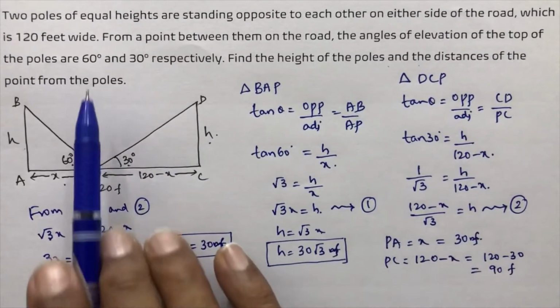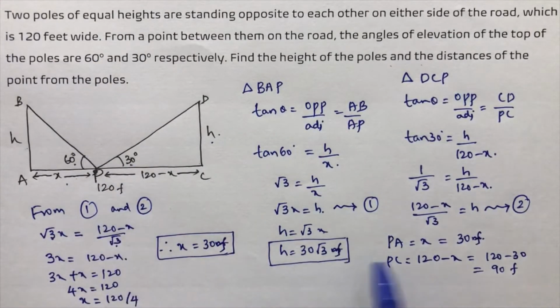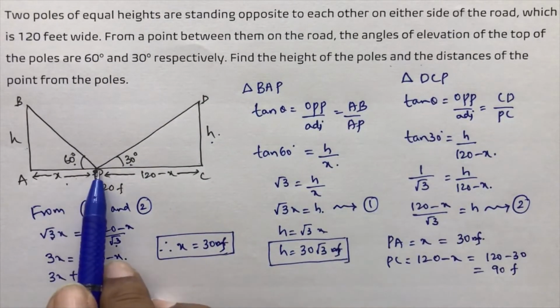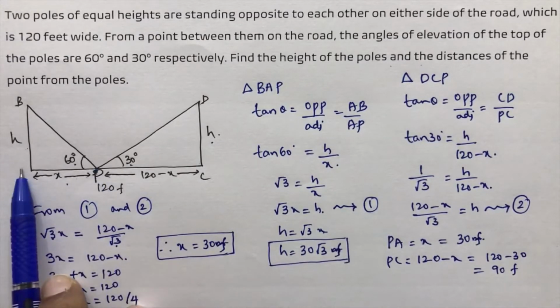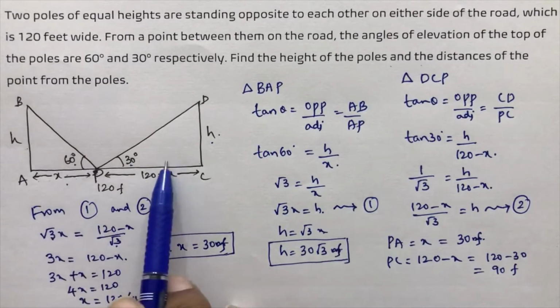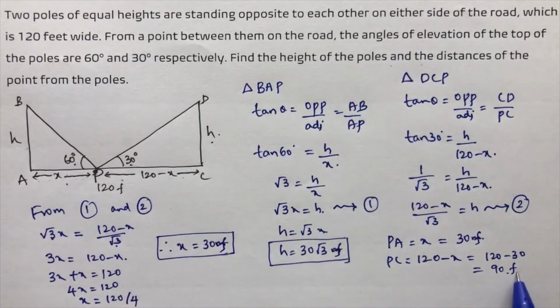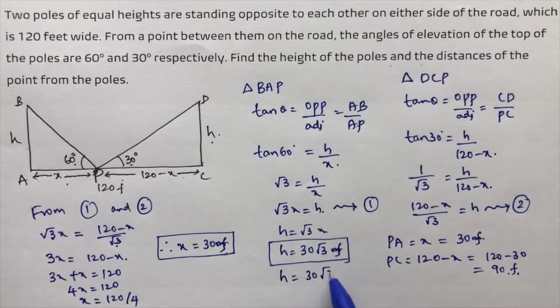If the problem is in terms of meters, write meters. If it is in terms of feet, just write the answer in feet only. So the point is at a distance of 30 feet from the first pole, and from the second pole it is at a distance of 90 feet. And the height is 30 root 3 feet.